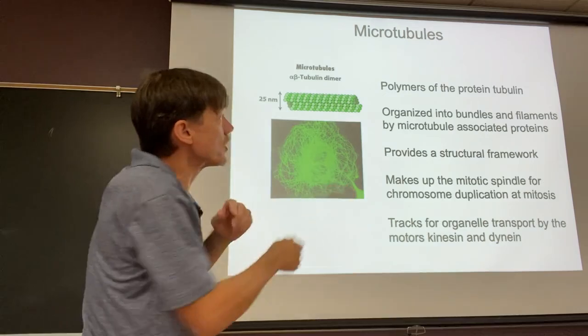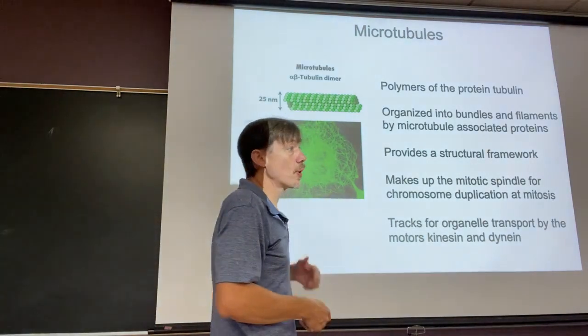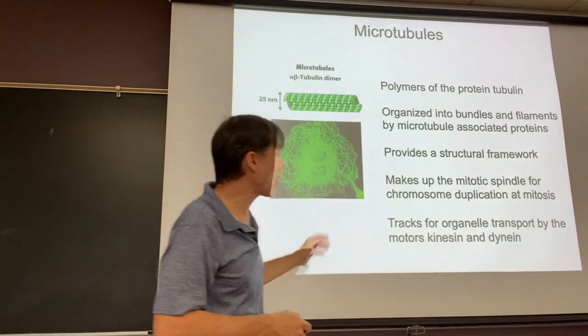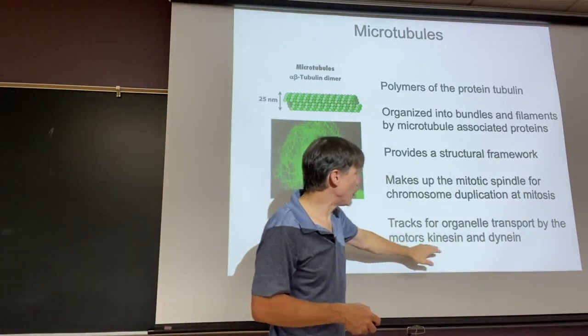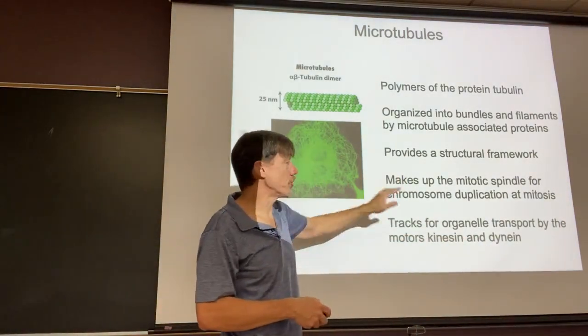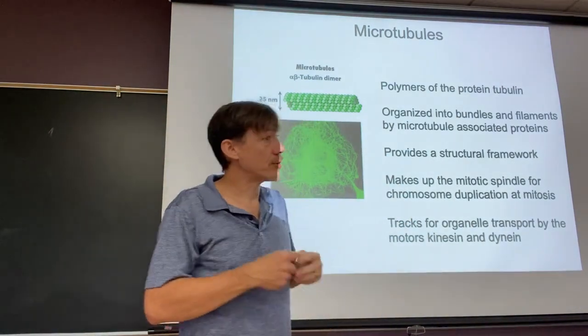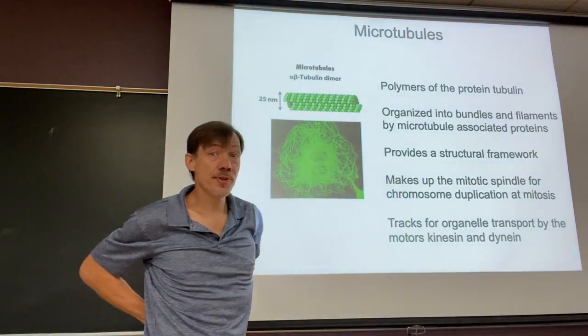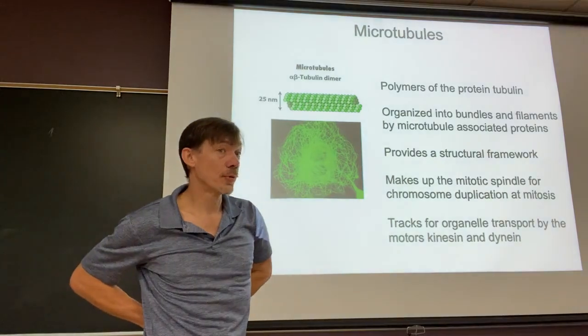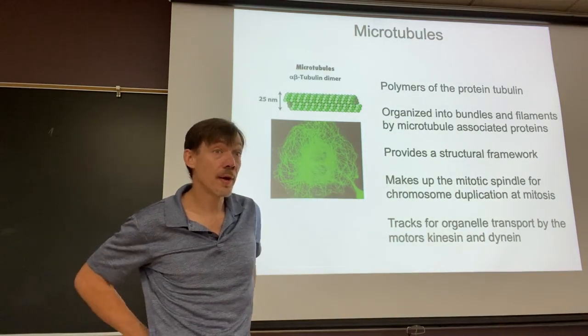Microtubules, polymers of the protein tubulin, once again provide a structural framework and tracks for transport, and in particular, the molecular motors kinesin and dynein use microtubules to transport organelles and proteins. In neurons, 99% of proteins are made in neuronal cell bodies, and those cell bodies are in our spinal cord.